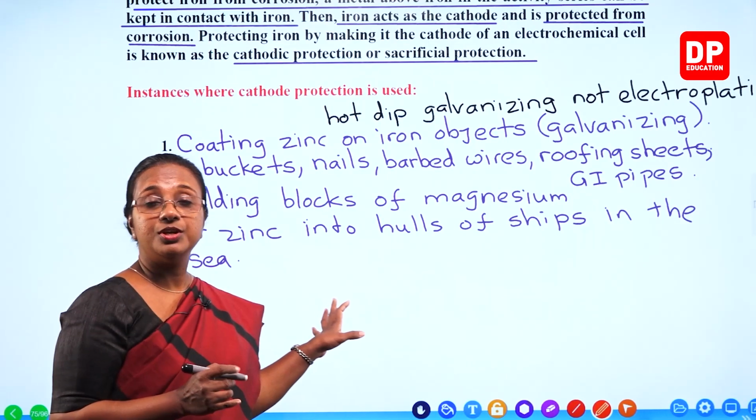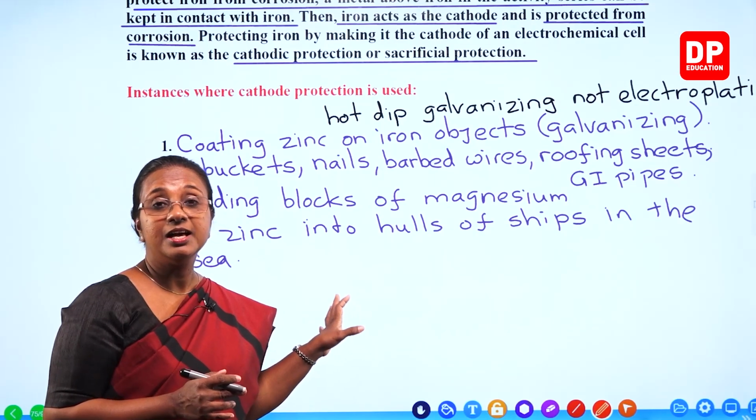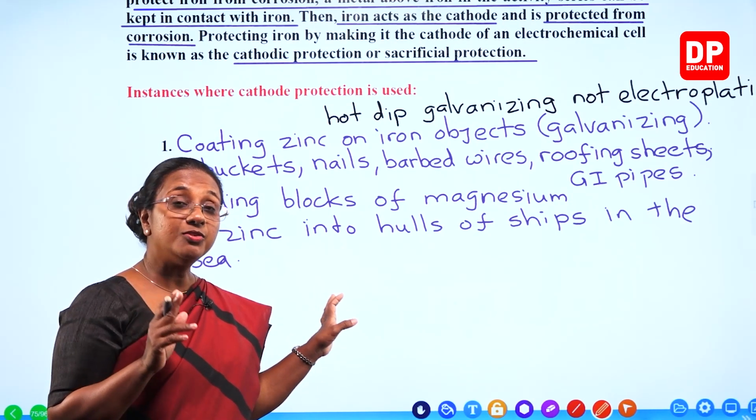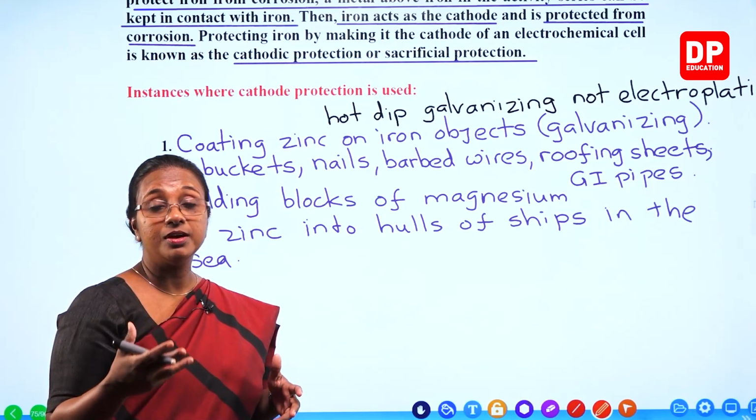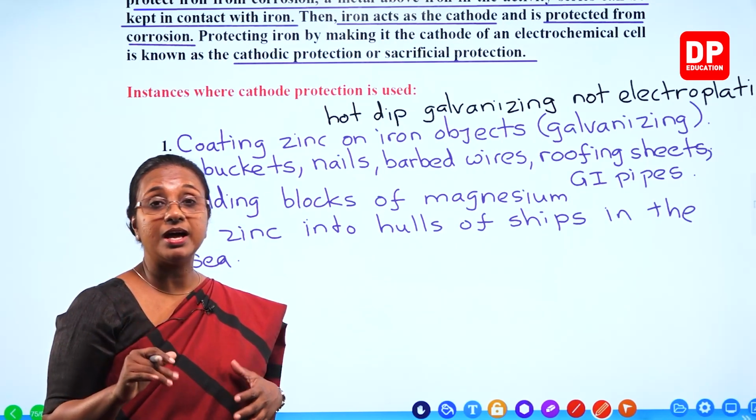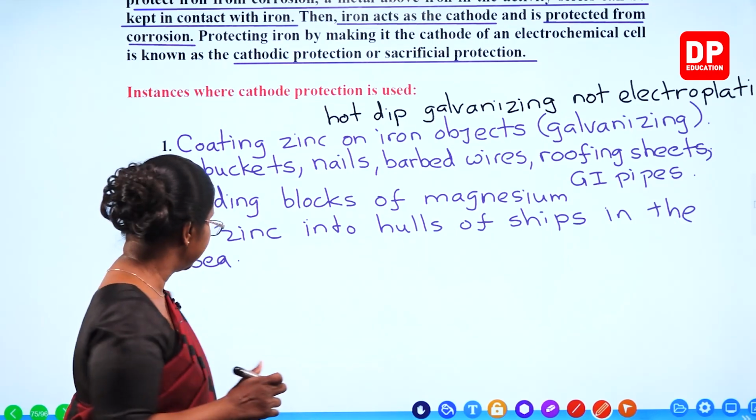So like I told you all students, this is to protect the hulls of ships. So what do we need to do? Both the zinc and magnesium can corrode with time. Therefore, time to time we need to replace them.